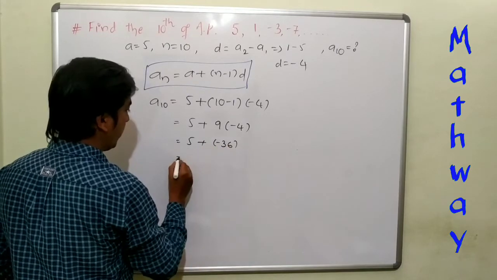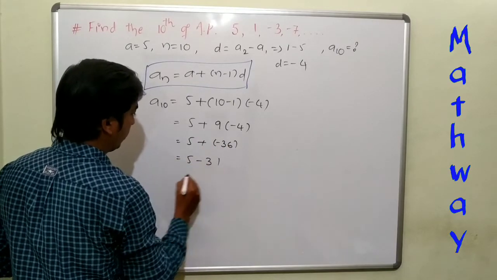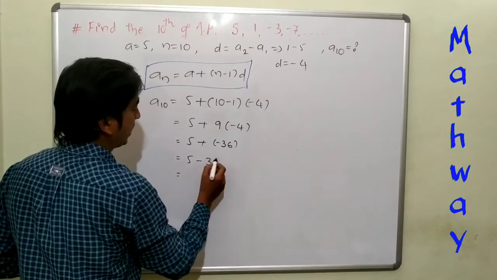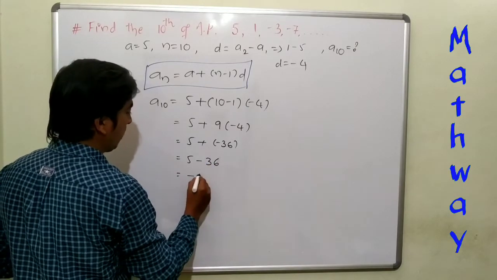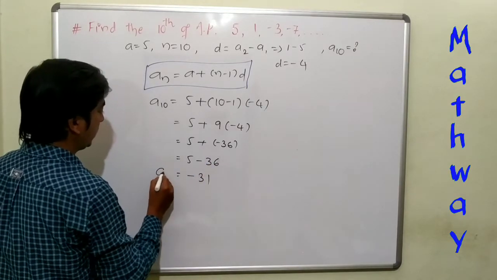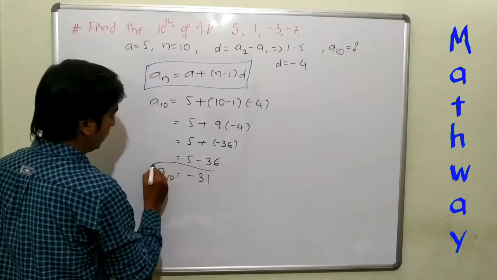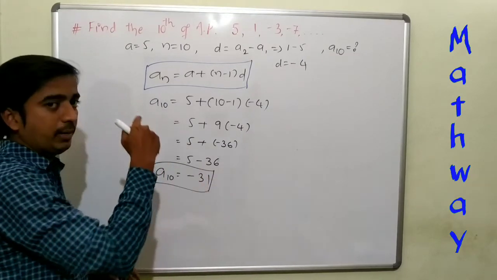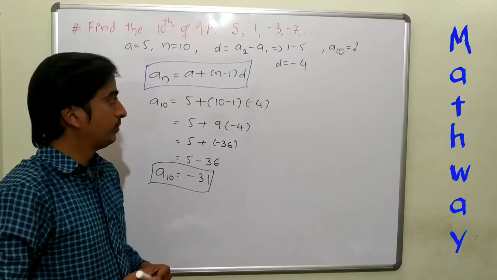Plus into minus is minus. So 5 minus 36 is minus 31. So the nth term is minus 31. It means the 10th term of the given AP is minus 31.